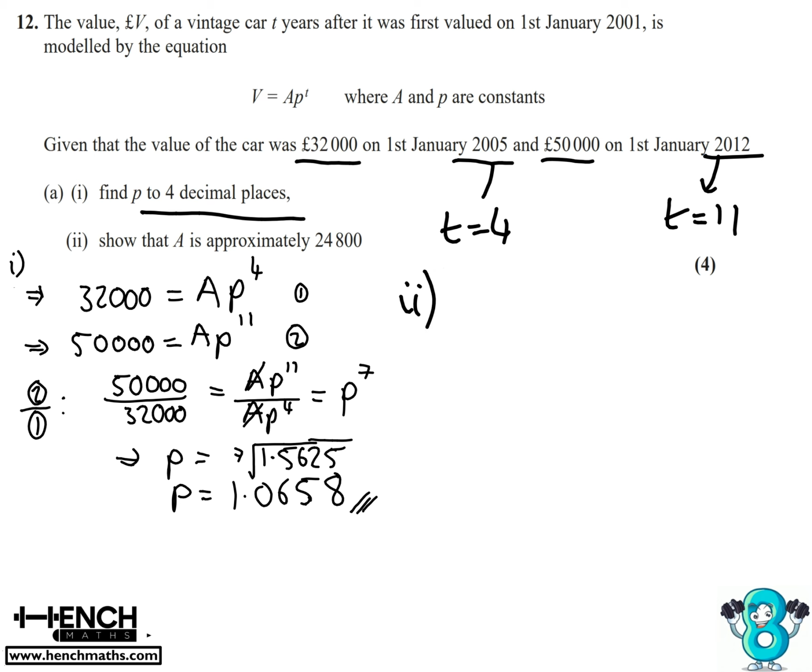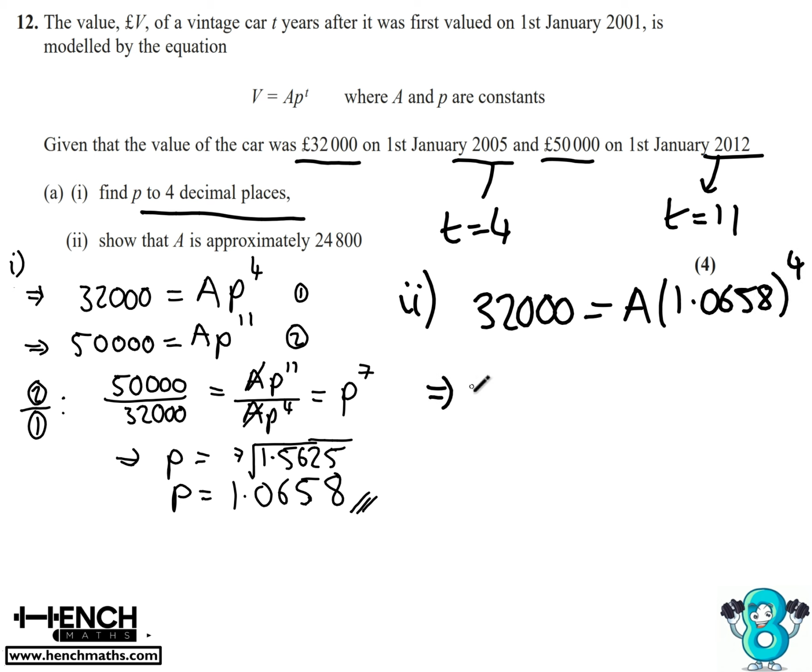We then need to show that A is approximately 24,800. If we go back to equation 1, we now know what P is. So 32,000 will be equal to A multiplied by P to the power of 4, so 1.0658 to the power of 4.